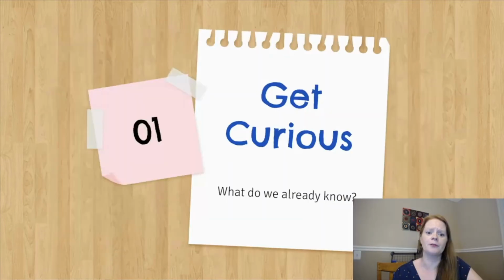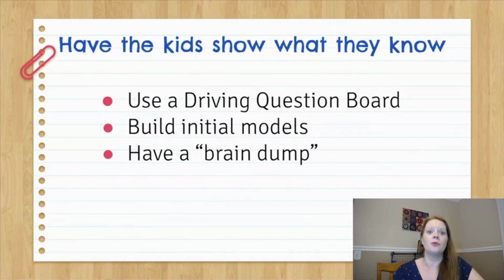So the first part is we need to get curious. We need to start figuring out what we know and what we need to know. We can do this a couple of ways. For our students, we can do something called a driving question board. We want to know why we sweat.